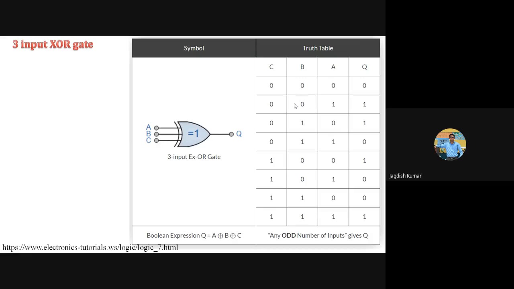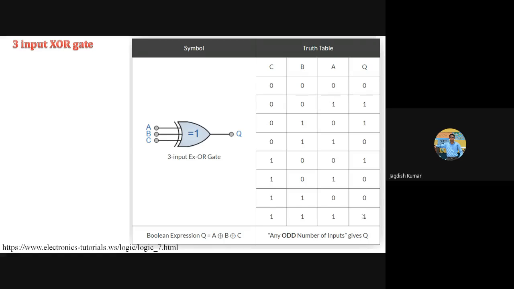Now you can notice here A is 1, the output is 1. Here only B is 1, output is 1. Here A and B both are 1, but then output is 0. I'm saying if any one of A or B or C is 1, then output will be 1. Same here, only C is 1, so output is 1.